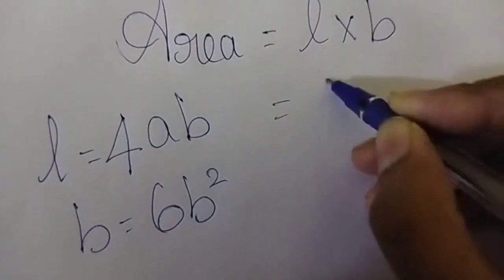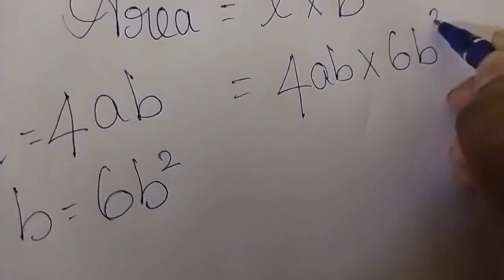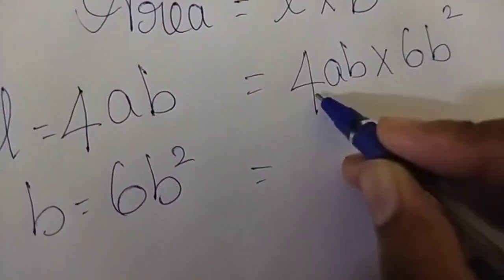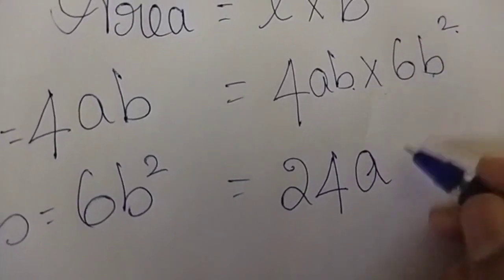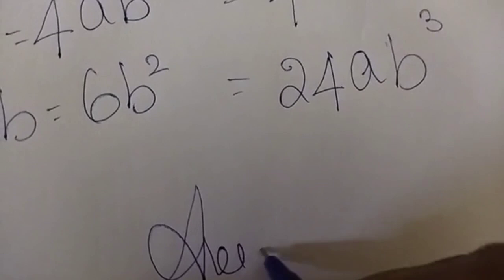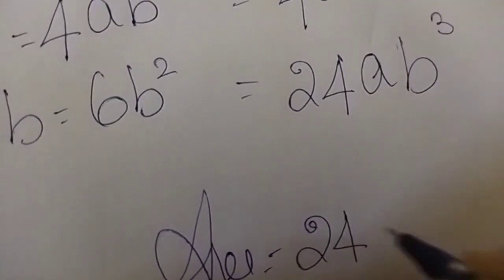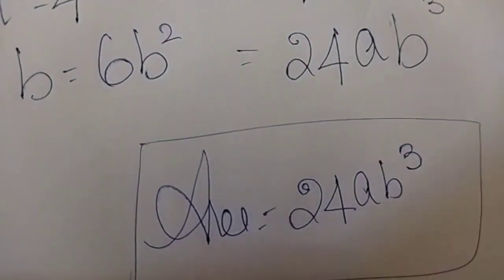So L into B means 4ab into 6b square. 4 6s are 24. ab into b square is nothing but b cube. So area is equal to 24ab cube, which is the required answer. Let's go to next sum.